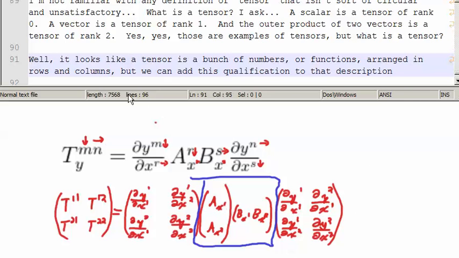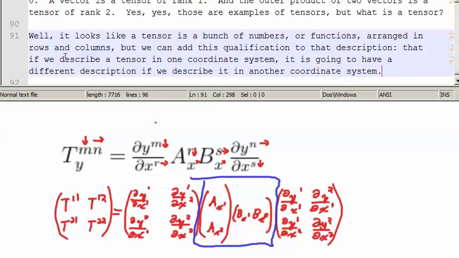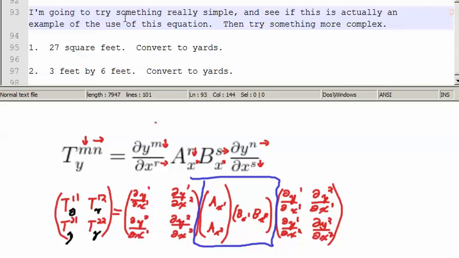Yes, those are examples of tensors, but what is a tensor? Well, it looks like a tensor is a bunch of numbers or functions arranged in rows and columns. But we can add the qualification that if we describe a tensor in one coordinate system, it is going to have a different description in another coordinate system. I'm going to try something really simple and see if this is actually an example of the use of this equation.